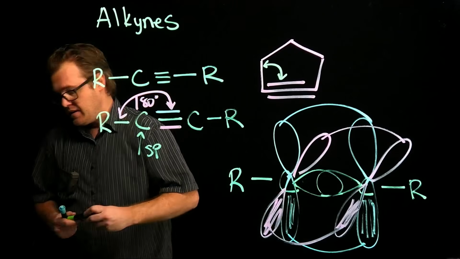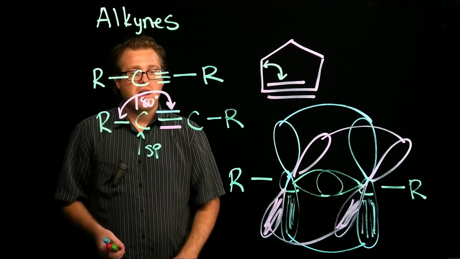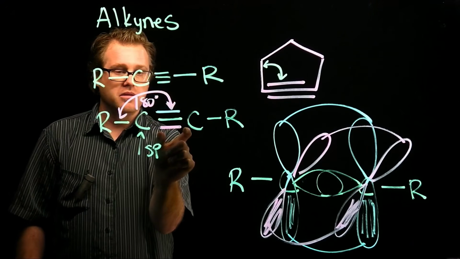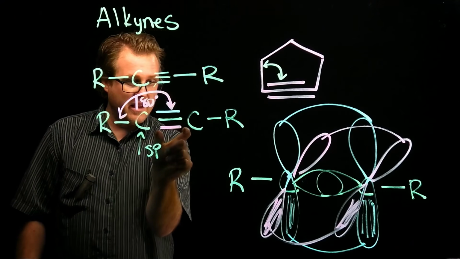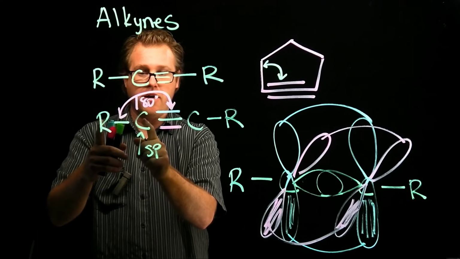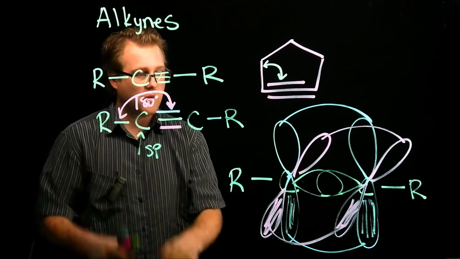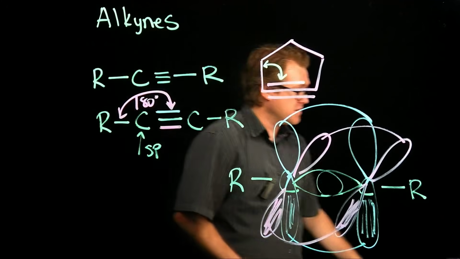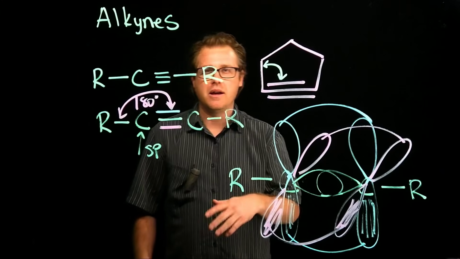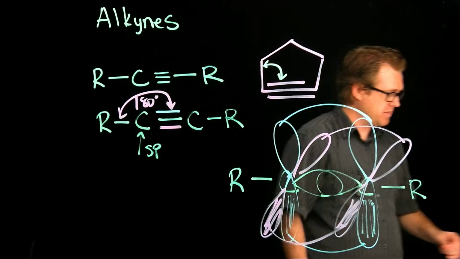Some other features of an alkyne are the bond lengths: the bond lengths of the triple bond and the bond lengths between the R and the carbon. So what I'm going to do is erase this board and draw 3 molecules that we're going to look at for their bond lengths and make some comparisons.